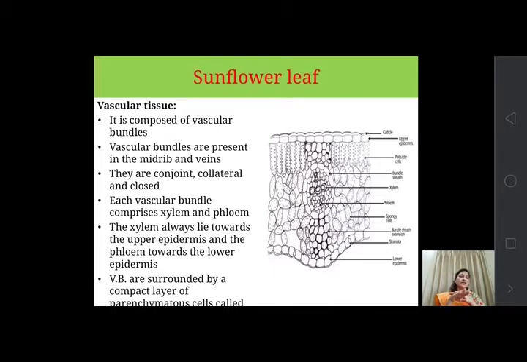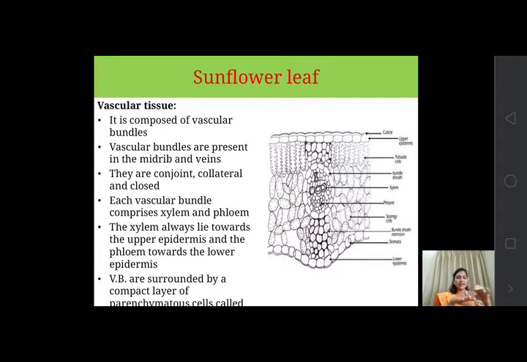When we see the leaf surface, you can see the veins. The midrib and the veins: in the case of a dicotyledonous leaf, reticulate venation is present. The middle large vein, known as the midrib, produces small veins and forms a network of veins.